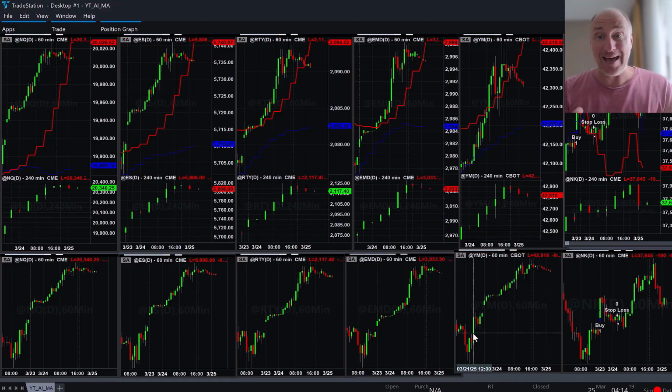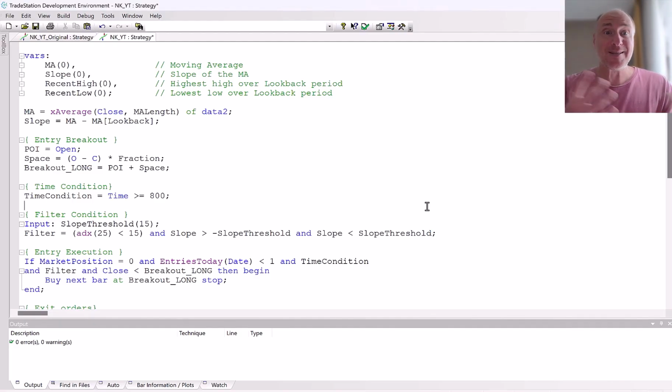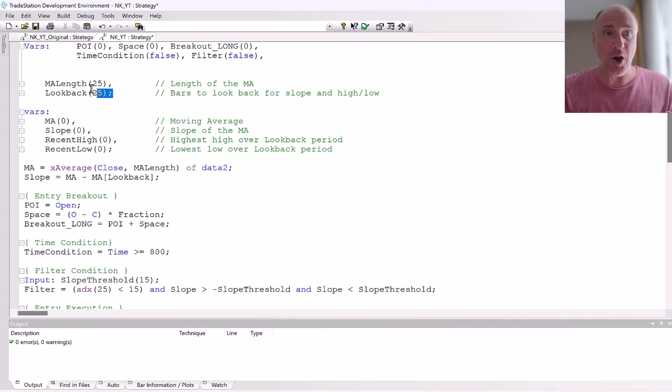And now let's make a summary. So what do I think about this outcome? What do I think about this slope moving average suggested by AI? First of all, there is still more potential to play with, because we did not touch the original input values of moving average length and the look back period.